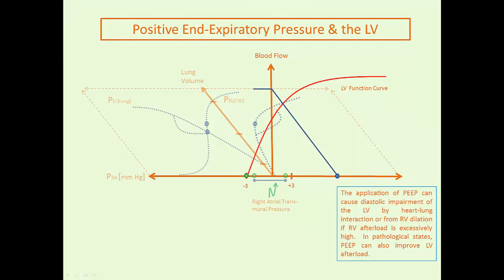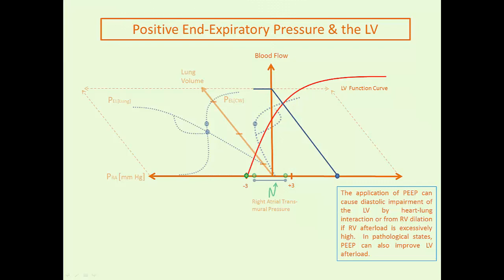Well, the application of PEEP can cause diastolic impairment of the LV by heart-lung interaction. For basically what I talked about before, as the lung increases in volume, it can impinge the lateral free wall of the LV, which tends to be minimal in health. Or if PEEP is excessive, in addition, to the extent that it afterloads the RV, it can cause RV dilation, which can impair LV compliance.